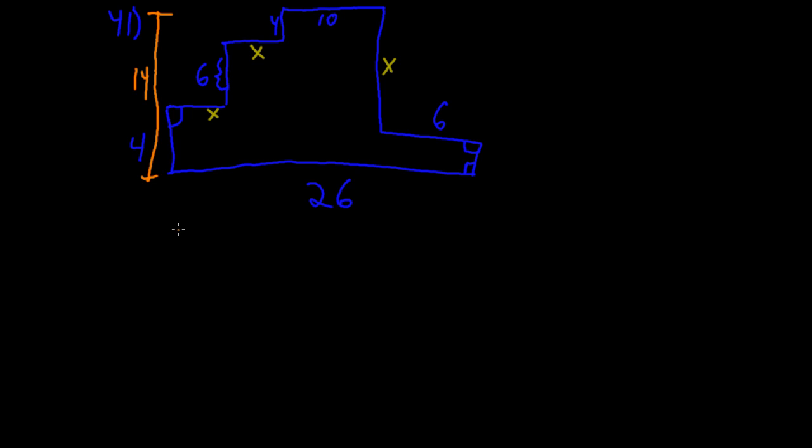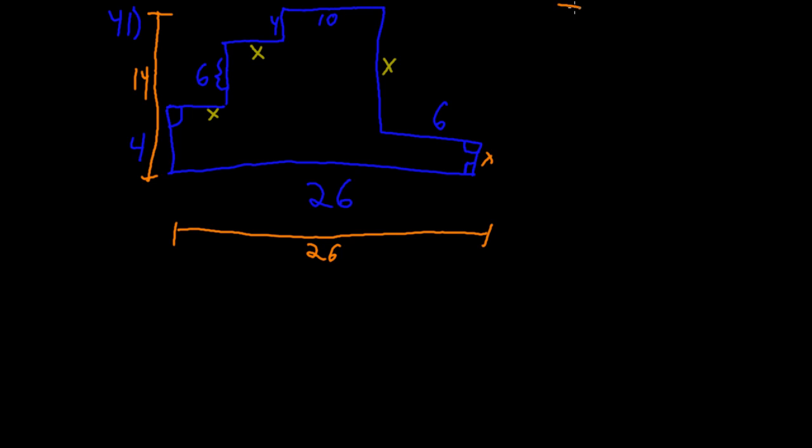And we know that the entire bottom, we're not sure what these values are, but the entire bottom will be equal to 26 because it's given. Since all these are right angles, this is going to be a straight line going across.